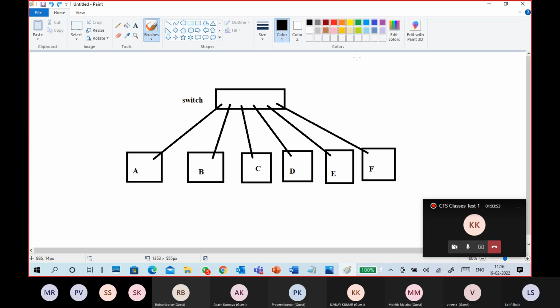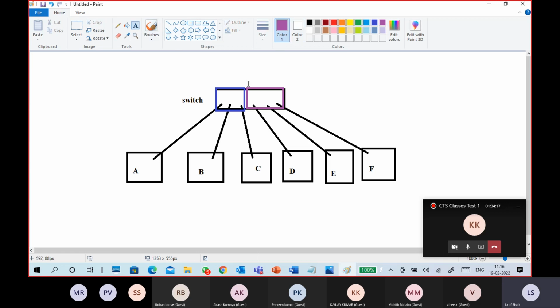Now I'm dividing this network into just two VLANs for now, because of space.